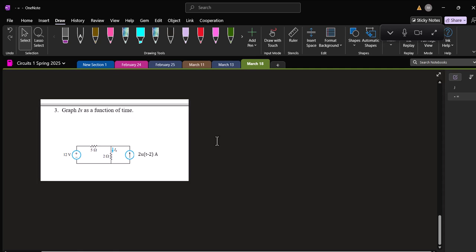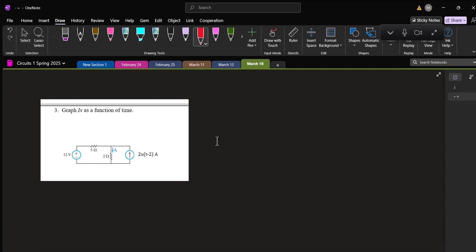So it says graph Ix as a function of time. And the current source is given as a unit step function. So the current source equals 0 until t equals 2, and equals 2 amps for t greater than 2.